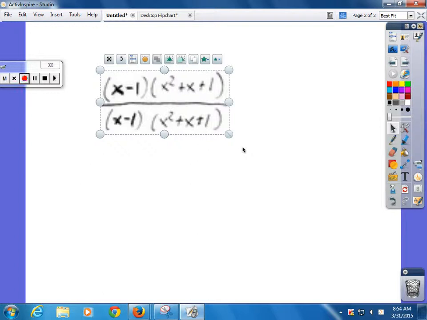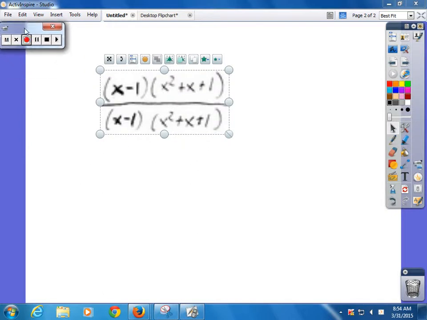Can't hardly read it, but x minus 1 times x squared plus x plus 1 over x minus 1 times, is that the same thing? That can't be right. Let's see what the original was. Maybe I copied the wrong thing now.